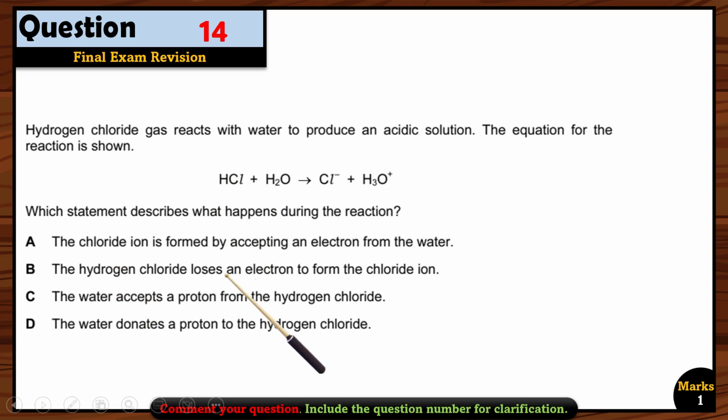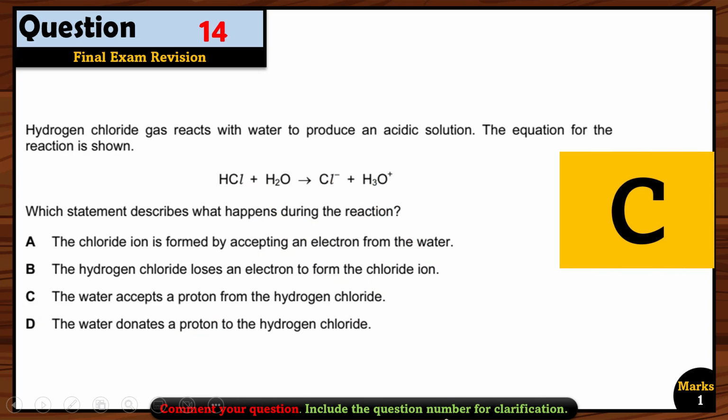The hydrogen chloride loses an electron to form the chloride ion. Again, wrong. It was already a chloride ion in the hydrogen chloride. Let's see option C. The water accepts a proton from the hydrogen chloride. Yes, that's right, because the water has accepted the proton, or you can say the hydrogen ion, from the hydrogen chloride. So option C is the right option over here.